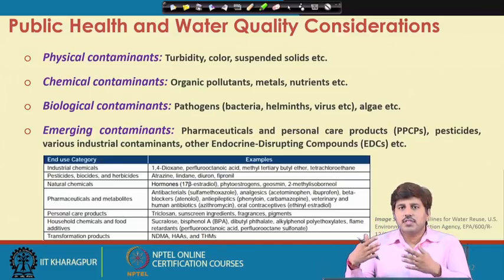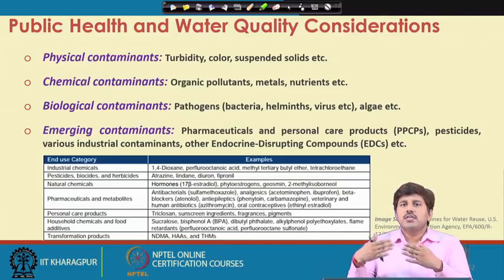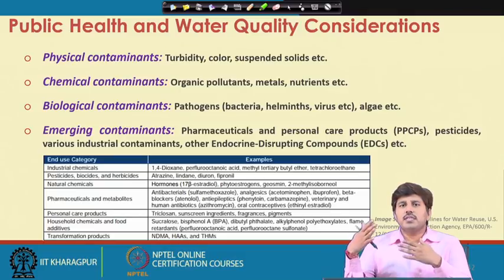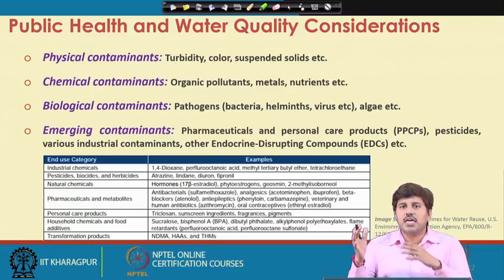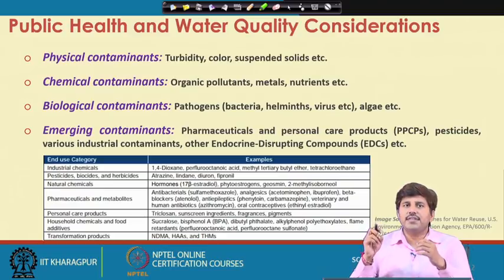And in terms of treatment, our secondary treatment does not target removing all those contaminants. We may go for advanced treatment, but for that purpose also we need to know what kind of contaminants are present in the wastewater.